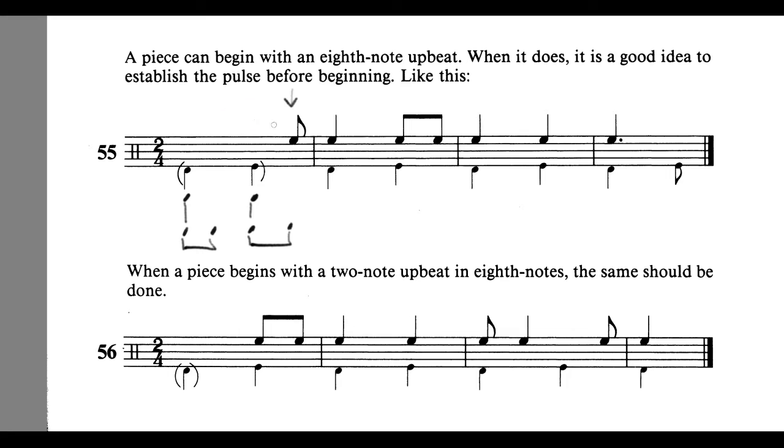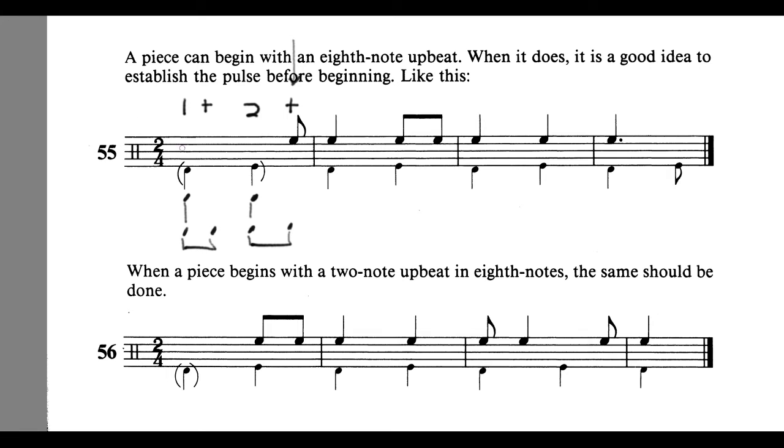So we know that that single eighth note that we see must happen as the last eighth note in the measure. So we're going to imagine there's a 1 and, 2 and. So that eighth note would happen, if this was a full measure, on the and of 2.